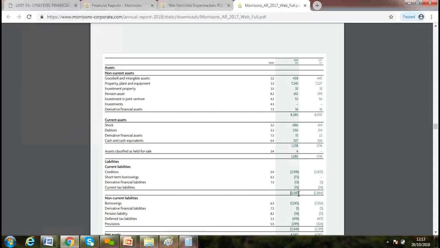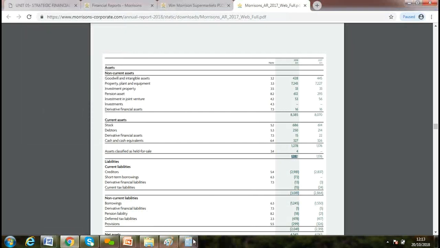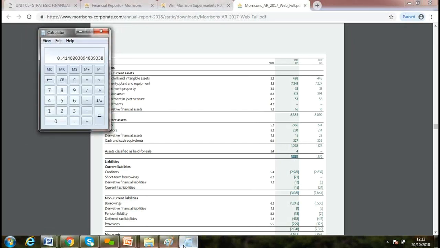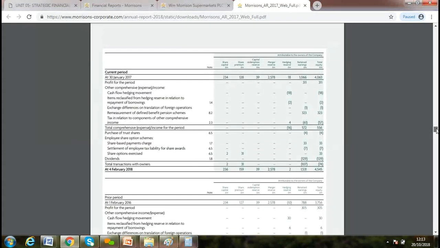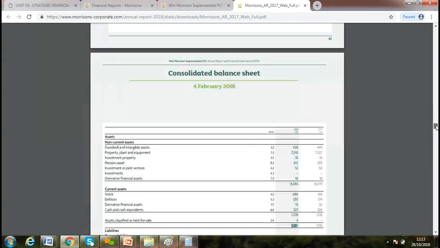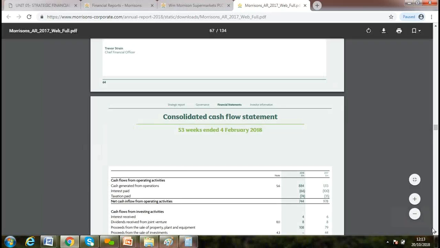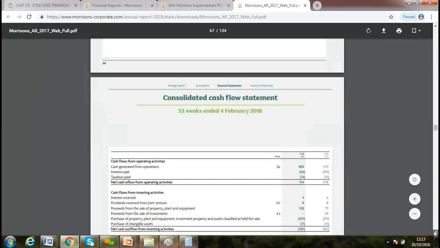It means your liability is more than your asset. You only have 41 pence of asset against the pound of your liability. So you have more liability than asset. You will see the figures there, which is not a good financial position for the company. So you can discuss that in your assignment when you write. And the difference between last year and this year's figures, all is absolutely fine. I'll calculate a few ratios, please.